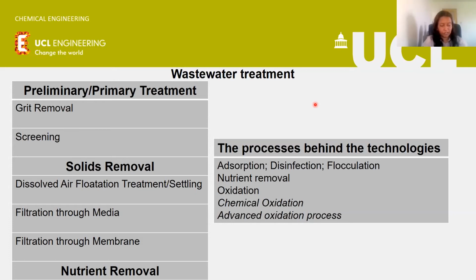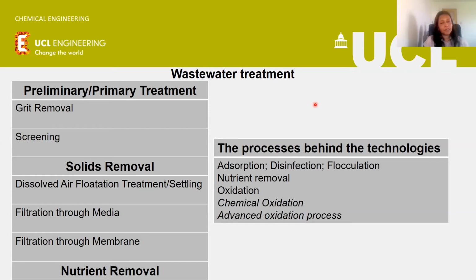And finally, you have nutrient removal as well. The nitrogen and the phosphorus are very important because they make up a huge content of the pollutants in the wastewater. Unless they are treated properly, they will end up in the water bodies, and you've seen a few slides back what can happen in terms of eutrophication.